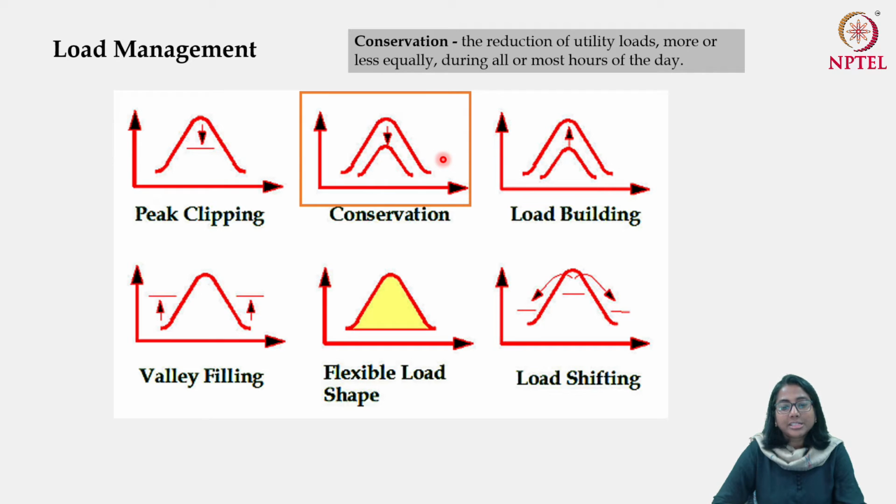And energy efficiency, we can consider to be a part of load management, or broadly we say that load management and energy efficiency are two pillars of demand side management. However, in the literature, you will see load management, energy efficiency, and demand side management, all these concepts used interchangeably. They actually go hand in hand, and all of them act together in order to achieve demand side management.